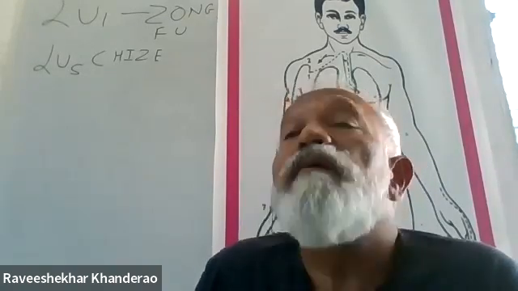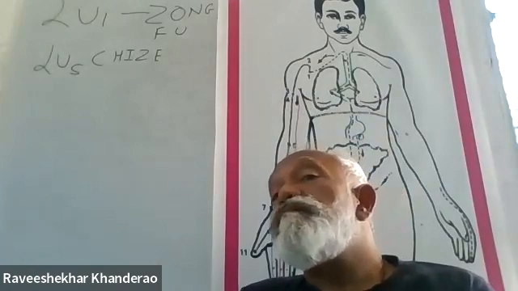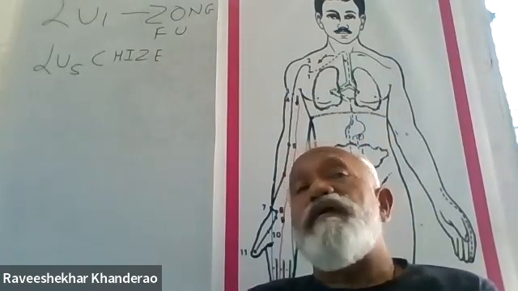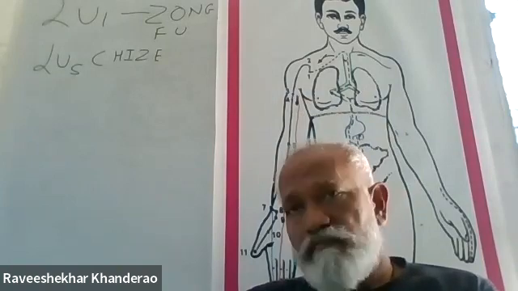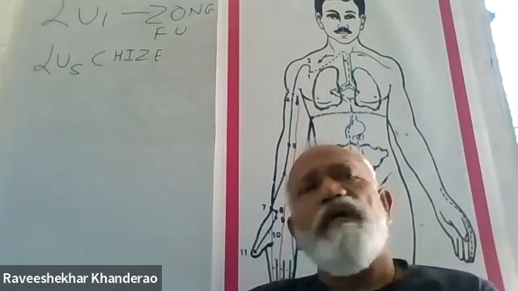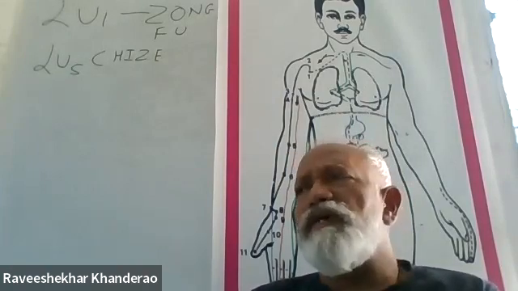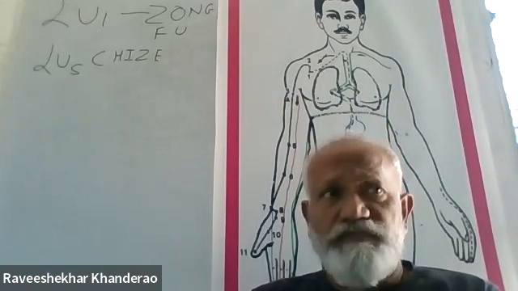How many times should this be repeated? Once a week, till they get better. In the first week only, you will see. I treated one patient in South Africa for psoriasis.